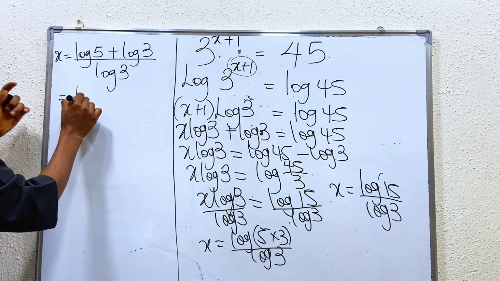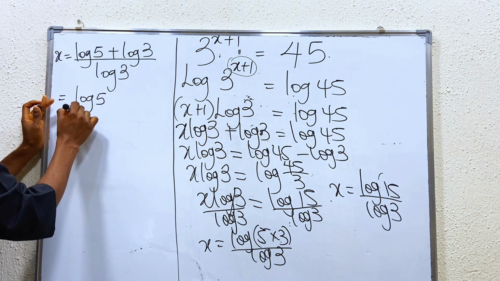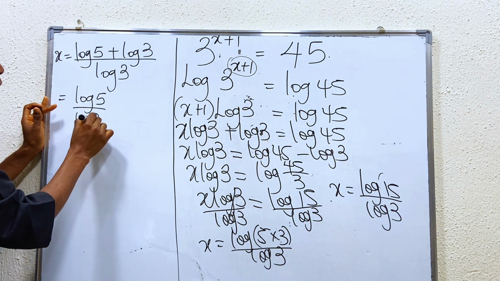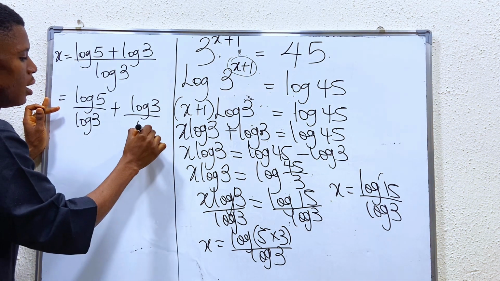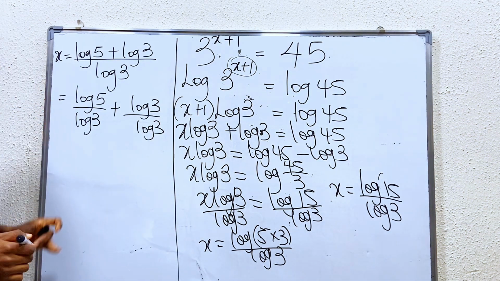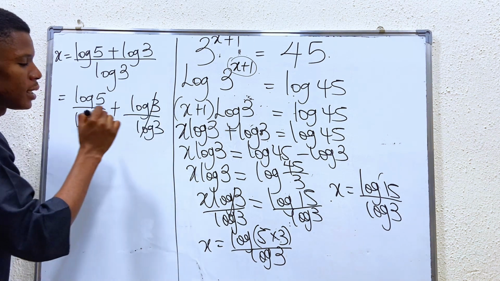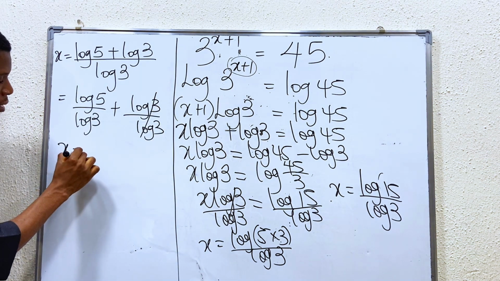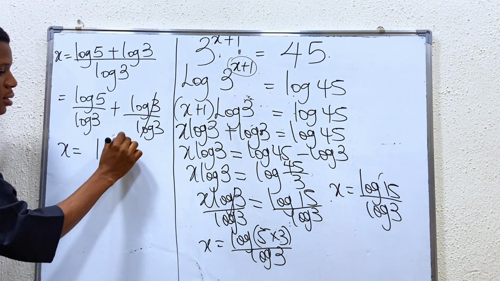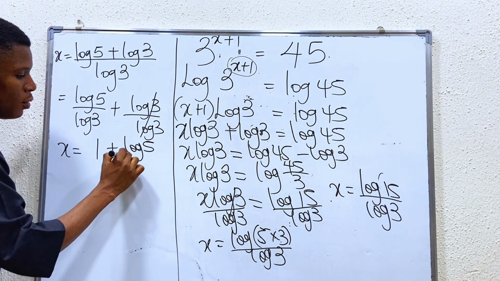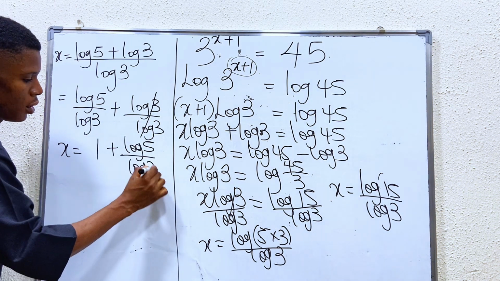This will now be log 5 over log 3 plus log 3 over log 3. So that log 3 can cancel out. You now see that x is equal to 1 from here plus log 5 over log 3.